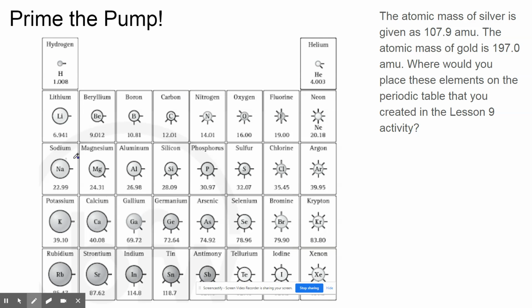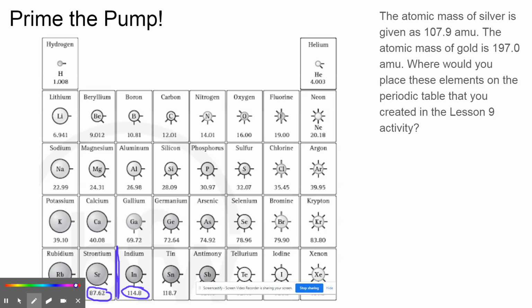Well, it's going to be down towards the bottom, because these numbers get larger. Here's krypton, 83.80. We get a little larger here. Strontium, indium. I think this is going to be somewhere in between strontium and indium down here at the bottom, because you'll see 87.62 and then 114.8. So I'm going to guess that it's going to be somewhere in here.